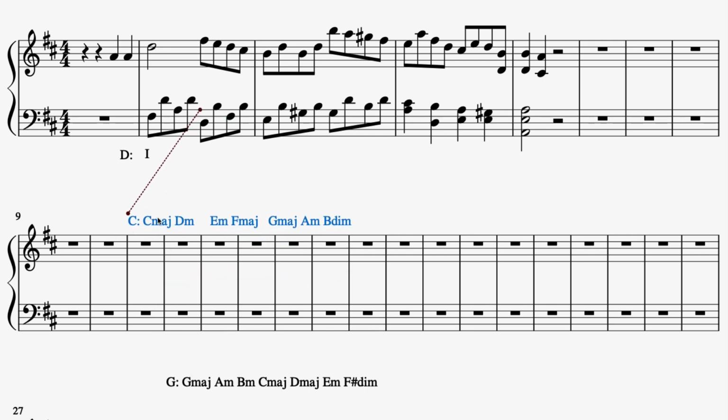Let's just write out all our chords really quick in the key of D here. So let's say D major, E minor, F sharp minor, G major, A major, B minor, C sharp diminished.